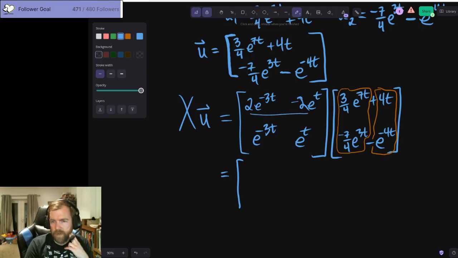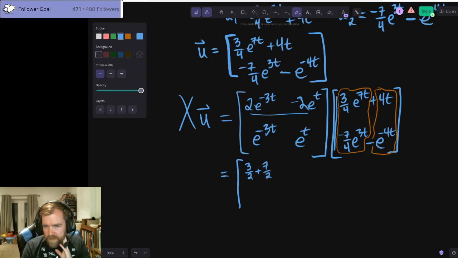So if we multiply our first row by the first half of the first column, then both of those terms end up with e to the 4t, and so that's kind of nice. So we end up with a 3 halves plus 7 halves e to the, again, 4t.